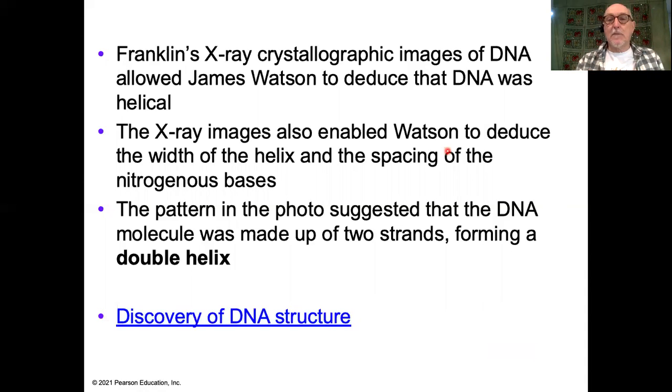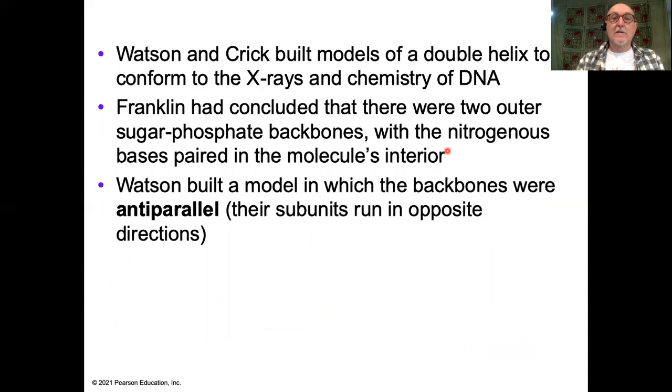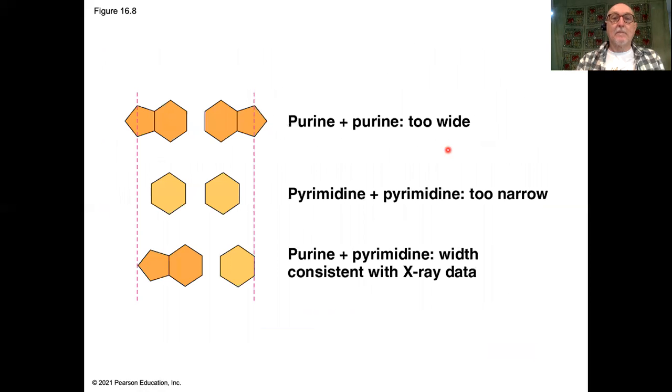Now, I'll explain that to you like this. There are two kinds of base: purines, which is adenine and guanine, and they are two rings, like this. And then cytosine and thymine are pyrimidines, and they are a single ring.